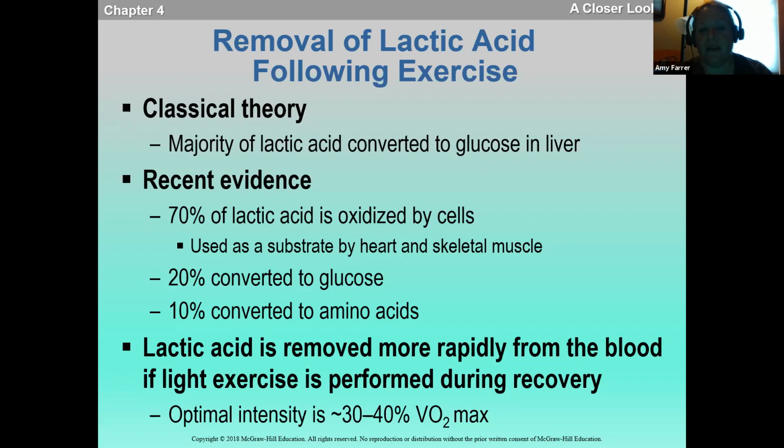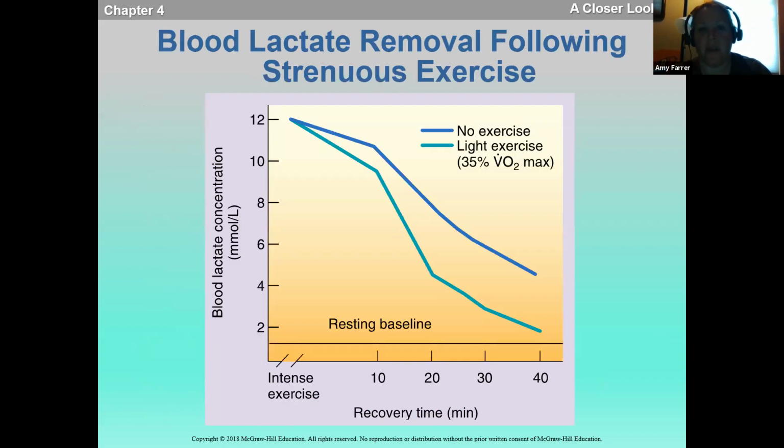So we want to see an optimal intensity at 30 to 40% of VO2 max so that we can be as efficient with that removal as possible. If we look at no exercise, you can see how those blood lactate concentrations stay much higher, much longer. So again, it does reflect that there should be some sort of cool down post-activity.